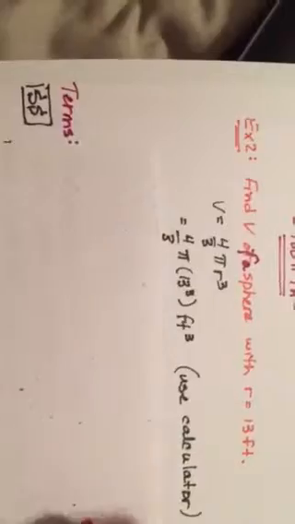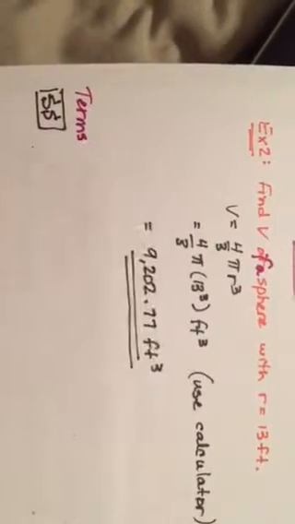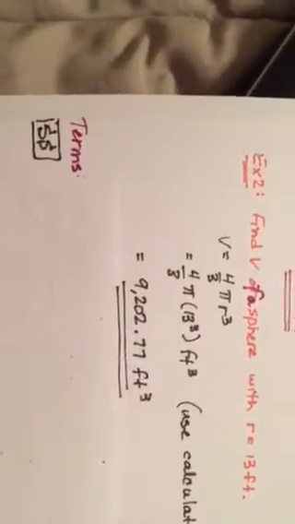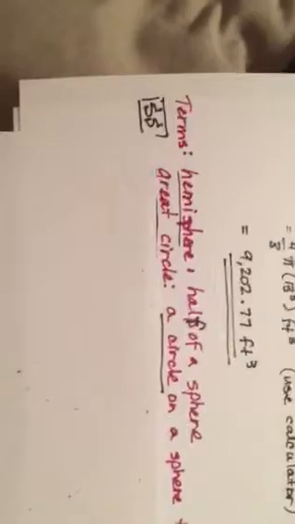So this is a large sphere, a room might be another name for it, and the volume equals 4/3 pi r cubed. So we have 4/3 pi, 13 cubed, and the feet cubed. Go ahead and use your calculator, and you should get 9,202.77 feet cubed.